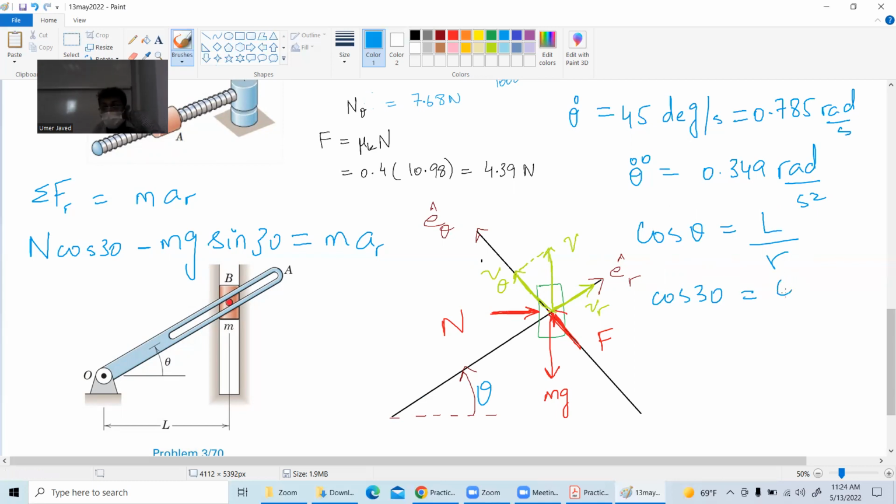Sure, okay, 0.6 divided by R. Then I can find R. R comes out to be 0.577, no? Double check please. 0.693. Really? Yes, hocam. The solution is wrong.